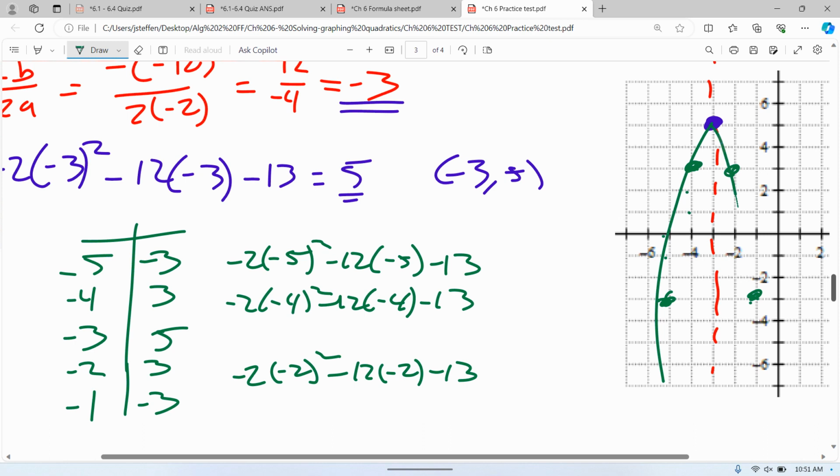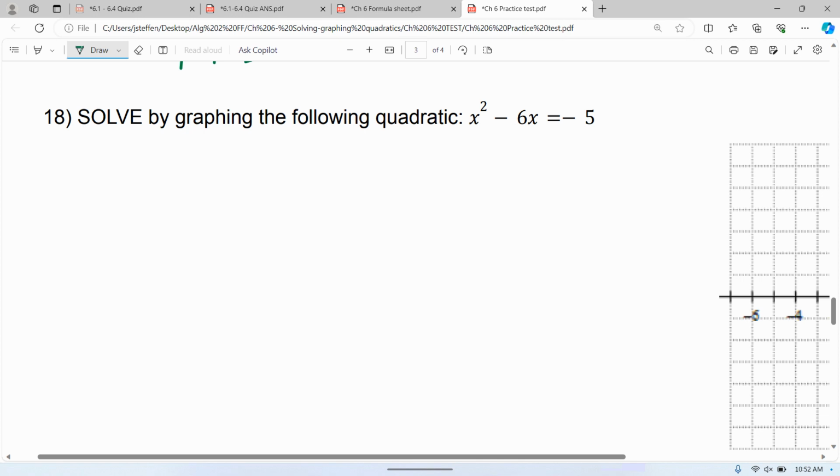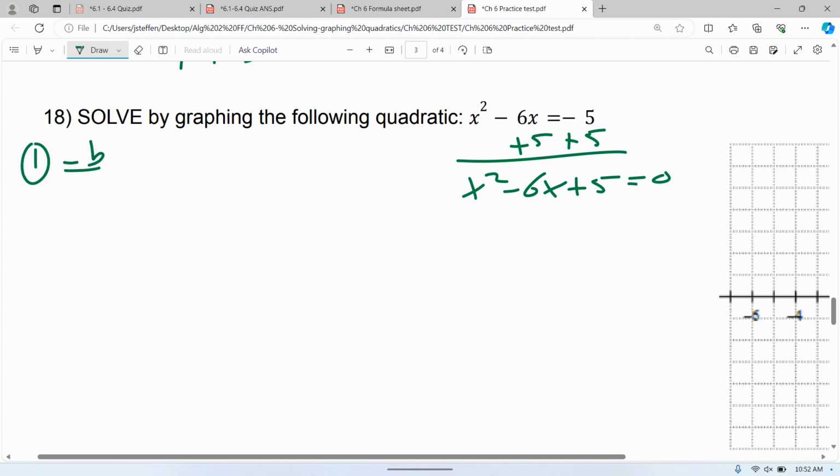For the next graphing problem, I'm going to add 5 and need to have it equal to 0. This is just like the axis of symmetry. So negative 6 over 2 is 3.